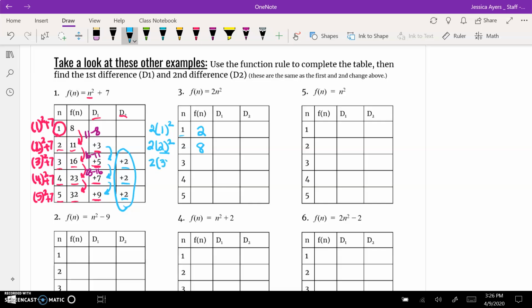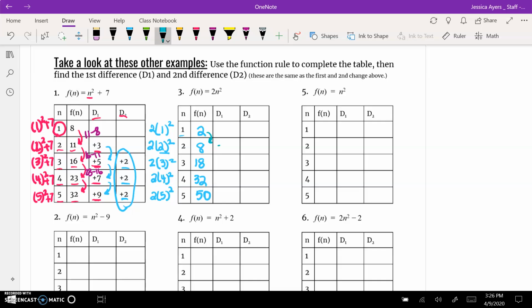Then 2 times 3 squared. 3 squared is 9, times 2 is 18. And then 2 times 4 squared. 4 squared is 16, times 2 is 32. And 2 times 5 squared. 5 squared is 25, times 2 is 50.